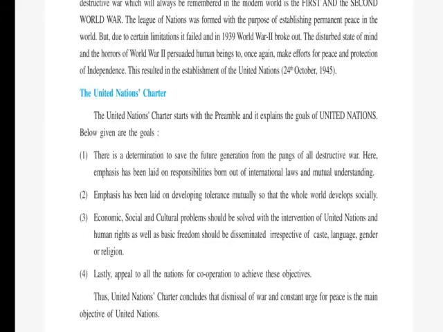The charter also emphasizes developing tolerance so that the whole world develops socially.